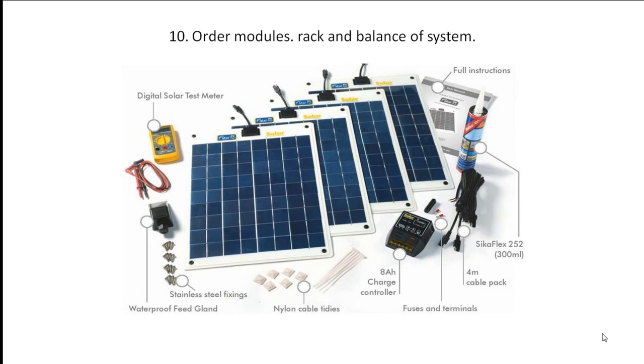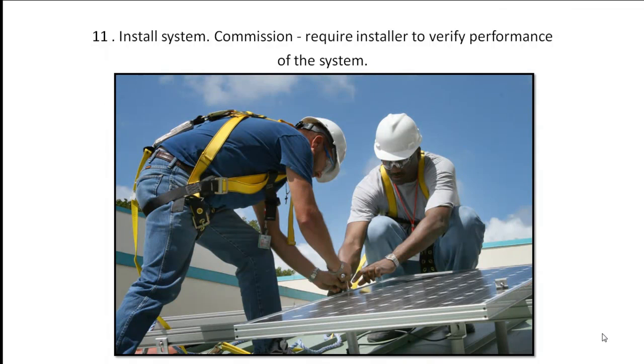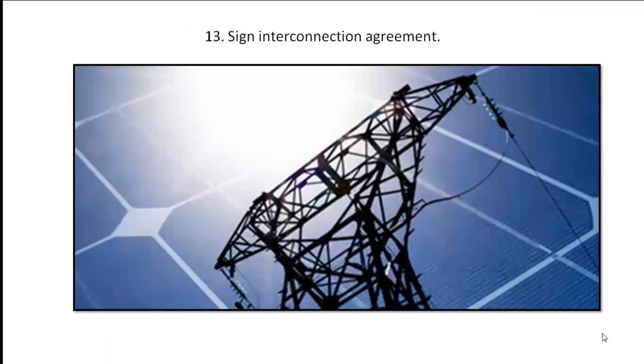Order the modules, the rack and the balance of the system. Number 11. Install the system. 12. Commission: require the installer to verify the performance of the system. Number 13. Sign the interconnection agreement.